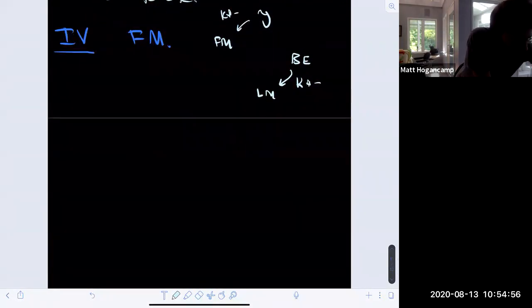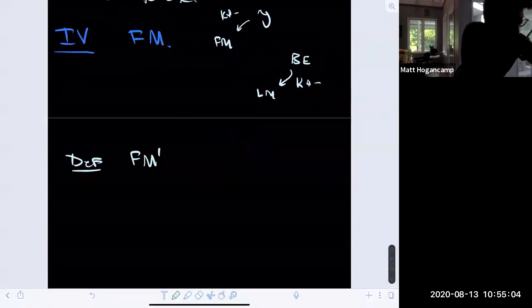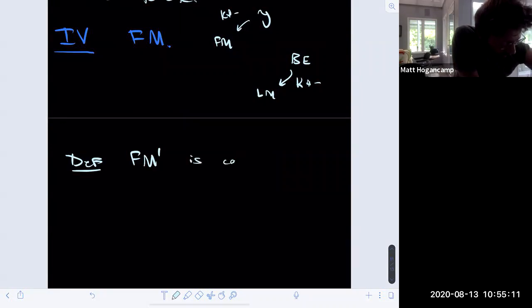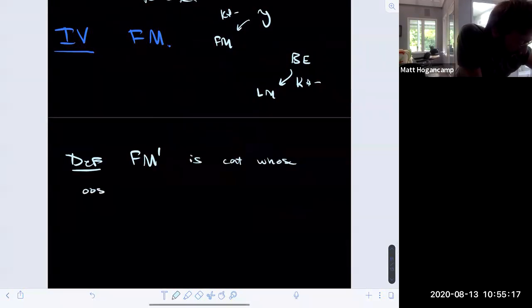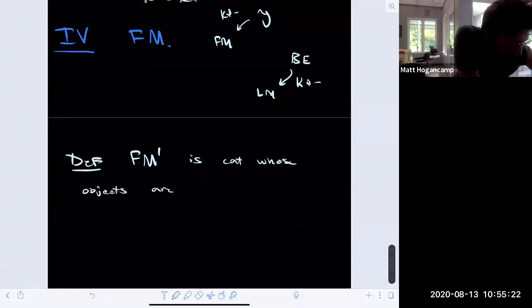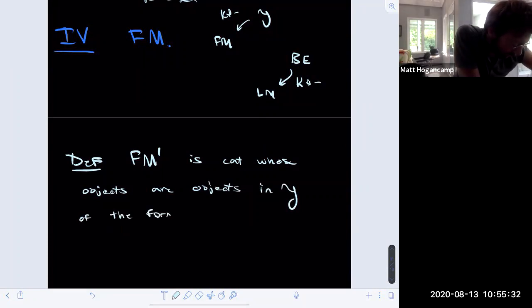So we'll obtain the definition of FM by a similar procedure. Definition: I'm going to call this FM prime because the definition doesn't obviously coincide with the one in the literature. This is the category whose objects are objects in Y of a particular form.